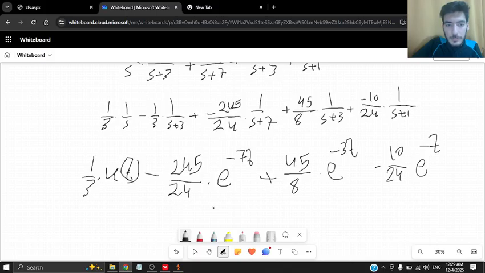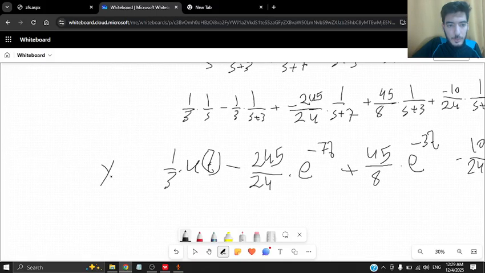And this is the solution for the unit ramp function in the time domain.